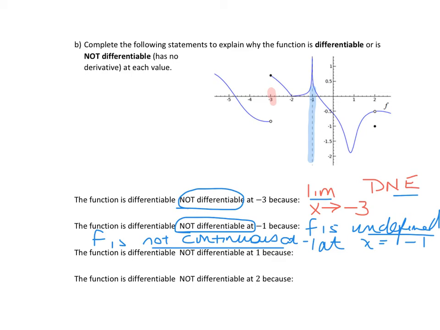So then we consider 1. And looking at 1 on the function, we see that the limit exists, the value of the function exists, they are equal, it's a smooth curve at that point, so the function is differentiable. It is continuous.